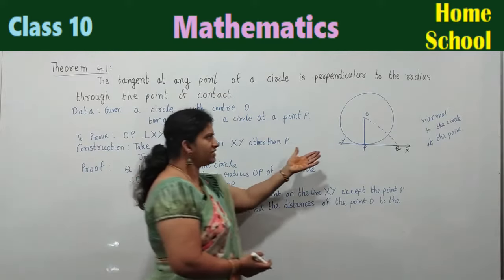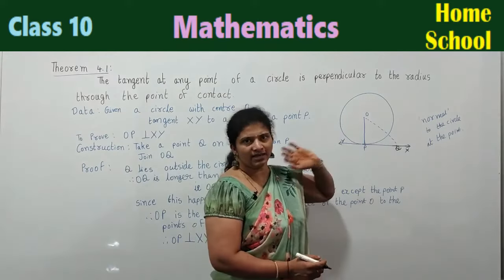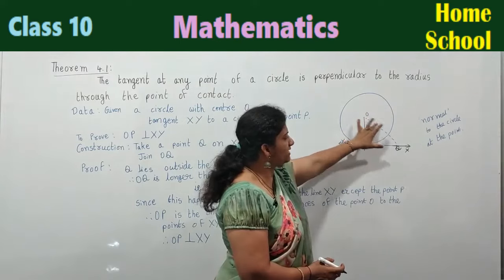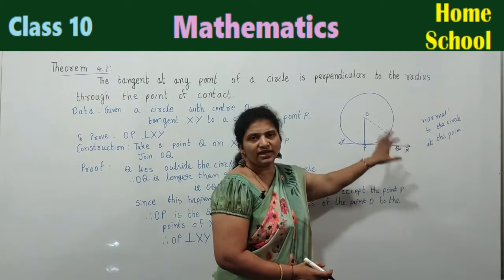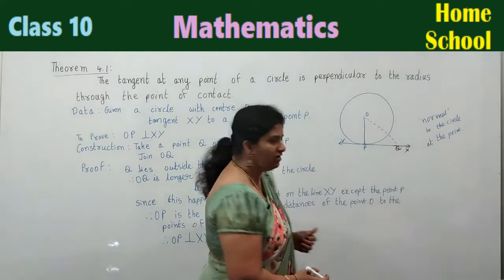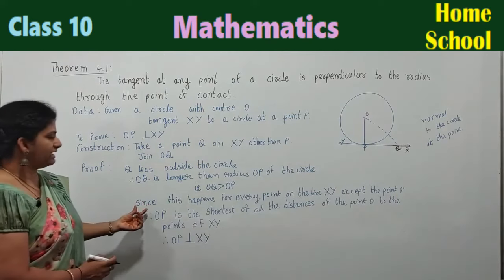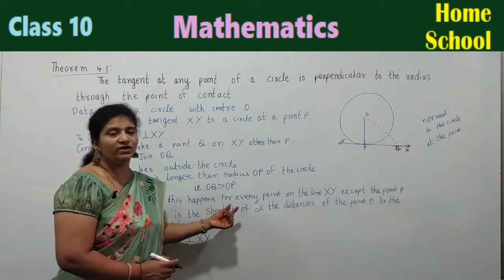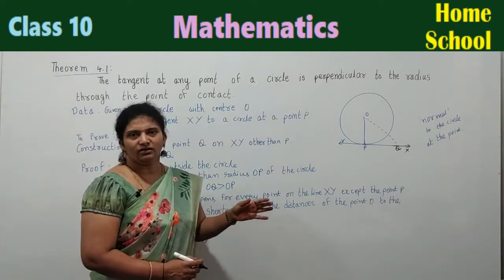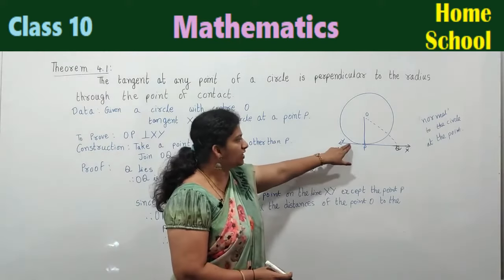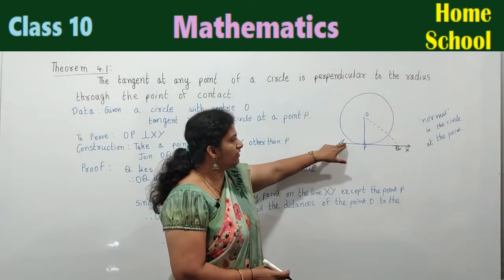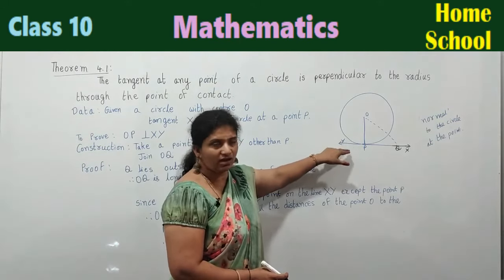In a circle all radii are equal. If I join this Q, it is more than OP, so I can say that OQ is longer than OP. Since this happens for every point on the line, anywhere you mark Q, this much length will be extra.